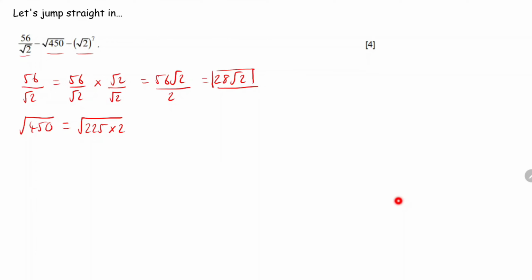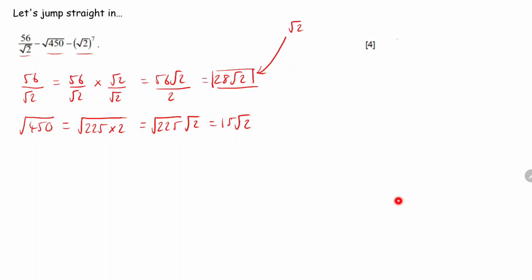So root 450 can be written as root of 225 times by 2, which according to the rules of surds gives us root 225 times by root 2. The square root of 225 is 15, so that gives us 15 root 2. A good hint is that the first term was in terms of root 2, so it's very likely that the middle term also simplifies to a root 2.